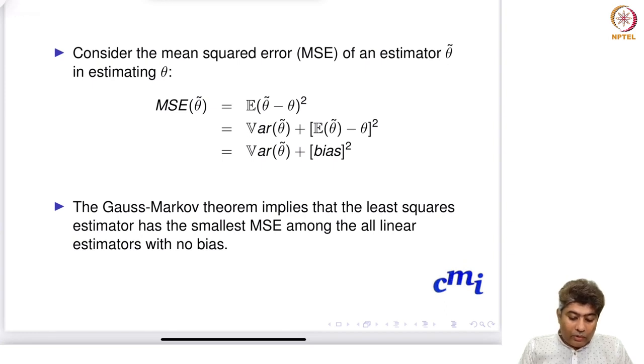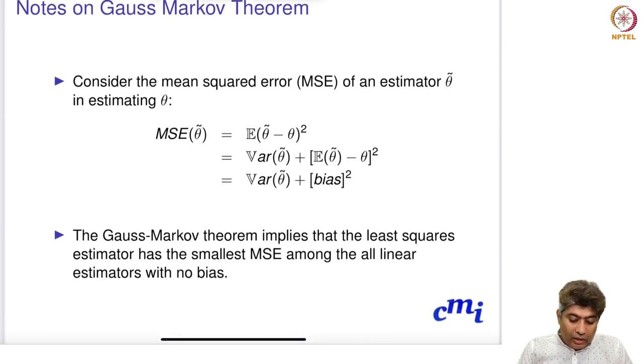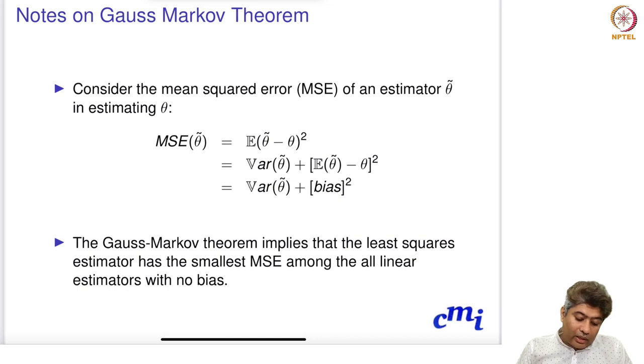Now there are certain things to note here. Consider the mean square error for an estimator theta tilde, where theta is your target parameter and theta tilde is the estimator that you are using to estimate it.